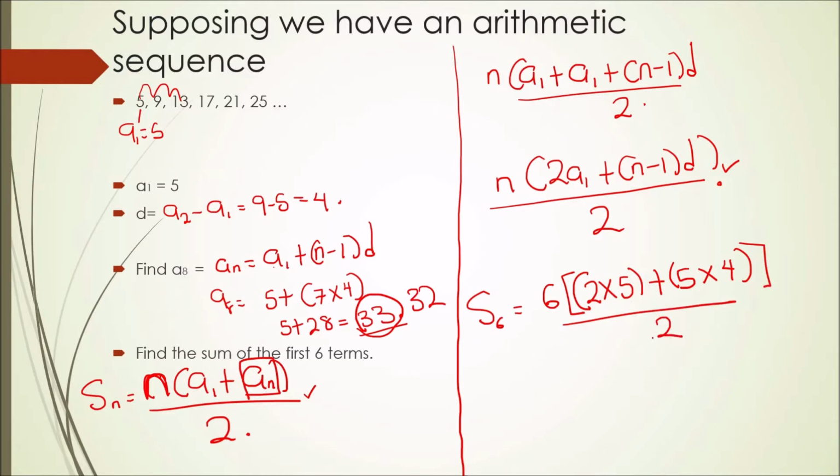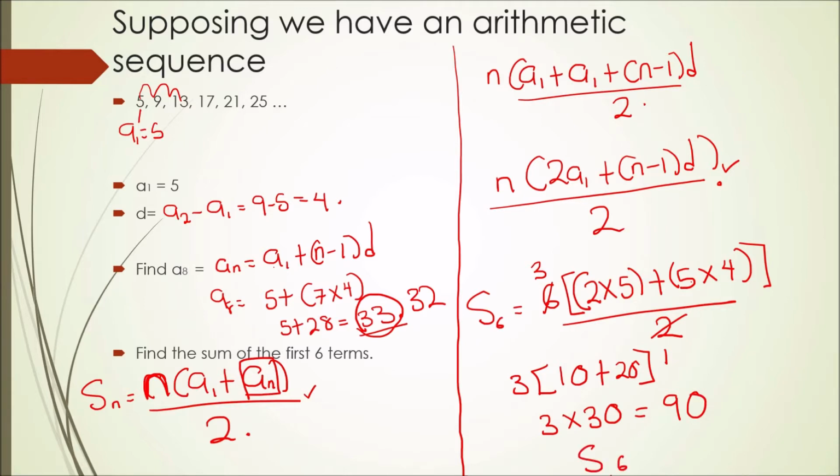What I like to do is divide immediately: 2 here, and we have 3. 2 times 5 is 10, plus 5 times 4 is 20. So we have 3 times 30, that's 90. So the sum of the first 6 terms is 90.